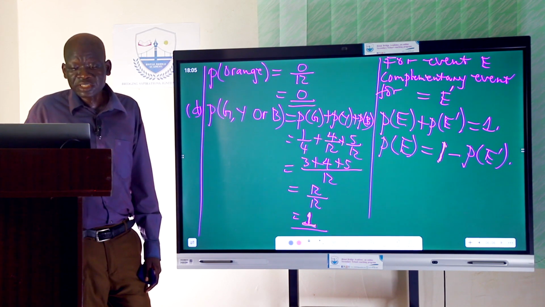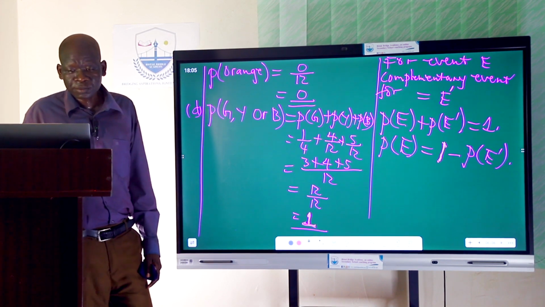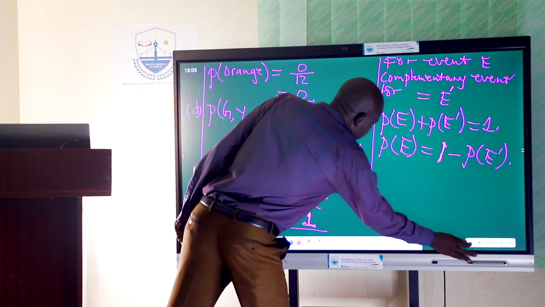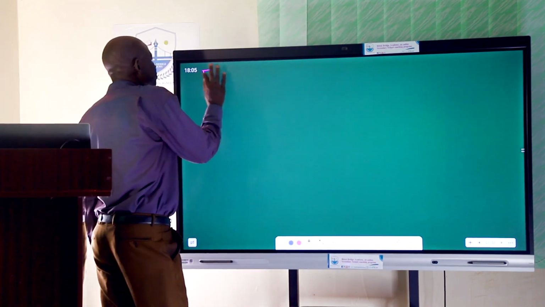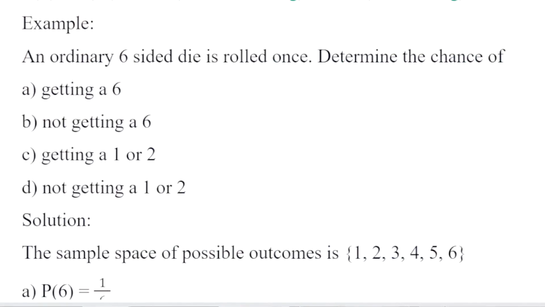We can look at an example. The question says, an ordinary 6-sided die is rolled once. Determine the chance of getting a 6.